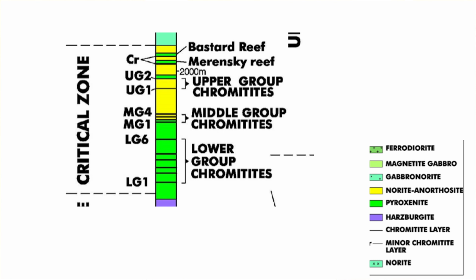Then higher up, we have the Upper Group chromitite seams. The UG2 is a major platinum-producing chrome seam. And then, of course, the famous Merensky Reef is the major platinum-rich reef. And the various rock types are indicated there in the color scheme.